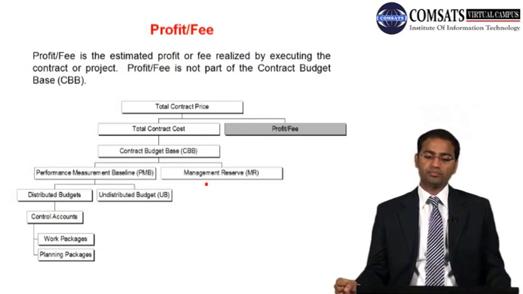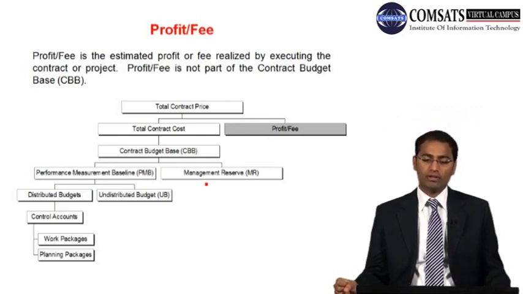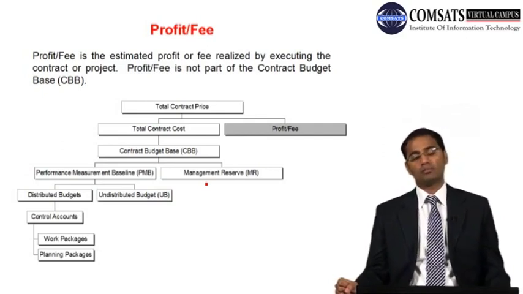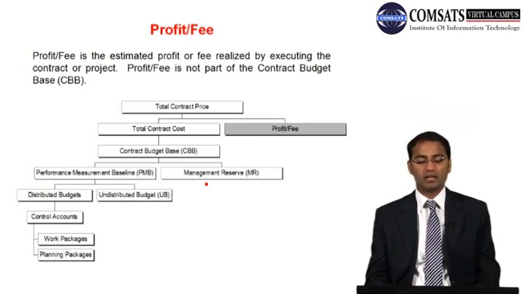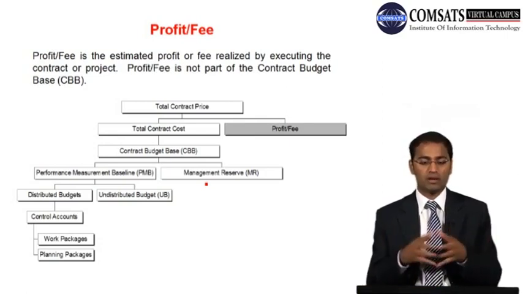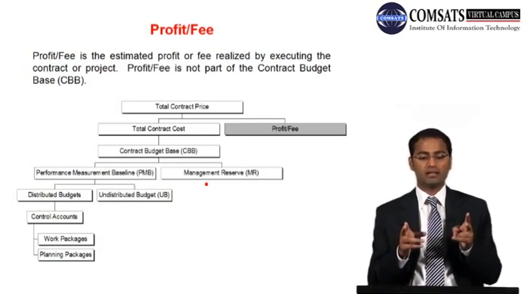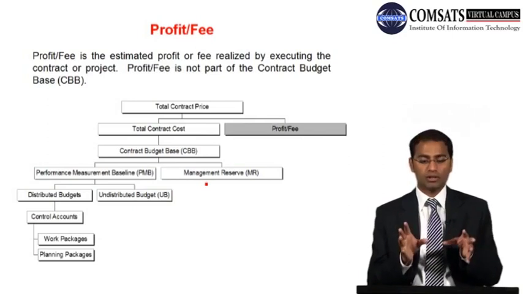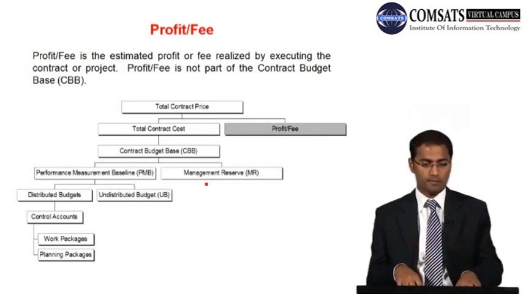Profit is the estimated profit or fee realized by executing the contract or project. Profit fee is not part of the contract budget base. So contract budget base में profit शामिल नहीं होता. Profit plus contract cost is total contract price.